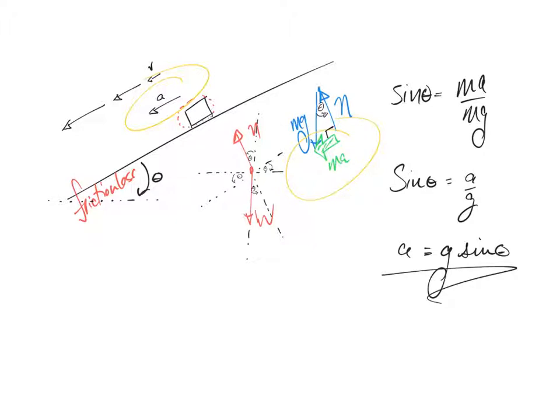Now we could sketch a stack of graphs, right? A versus t. I'll make down the hill positive. So our acceleration therefore would be positive. As I said, the acceleration down the hill would be positive.